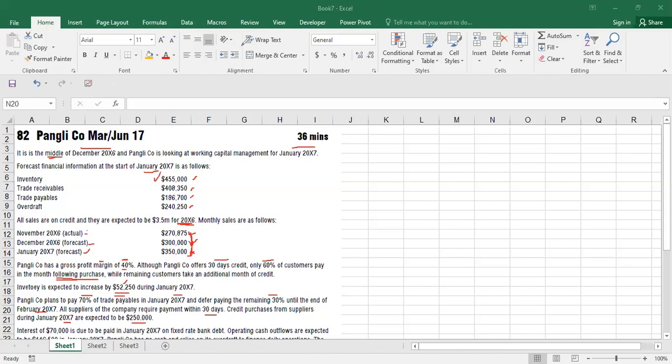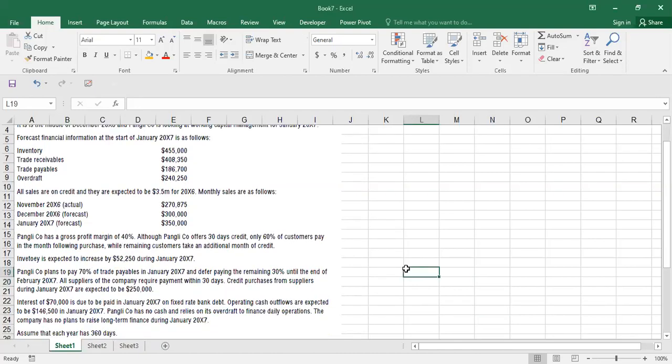Okay, so this is done. It's a very interesting scenario, a very real life looking scenario. Interest of 70,000 is due to be paid in January. This is cash out interest on fixed rate bank debt. Operating cash outflows are expected to be 146,500. These are your salaries and other operating expenses which you have to pay.